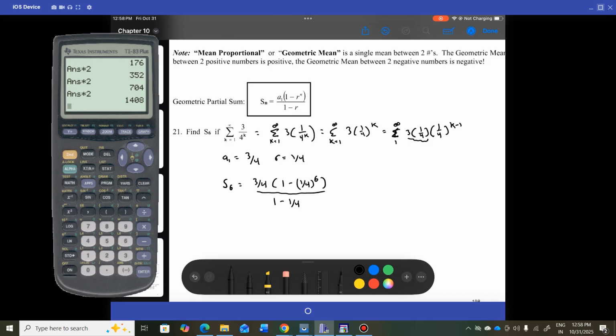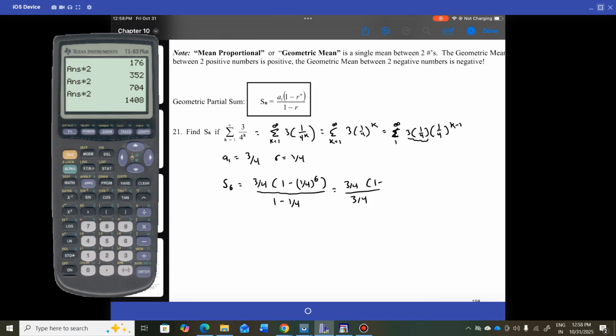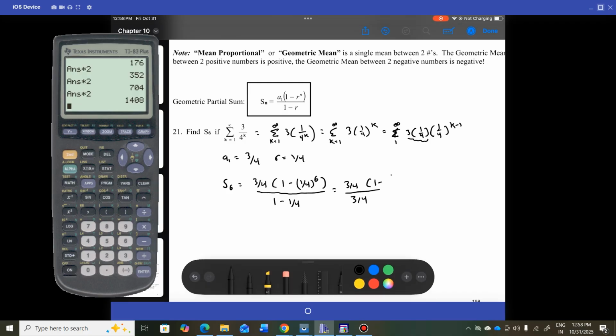And let's do some simplifying here. 3/4 on the bottom as well. Okay, so we'll have 1 minus 1/4 to the 6th power. 4 to the 6th is 4096.